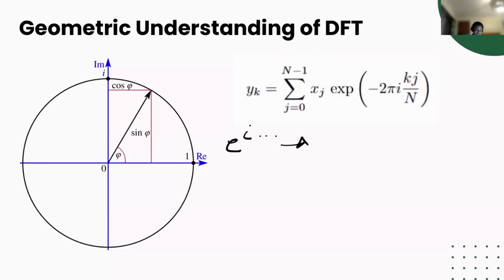Anytime you see e to the i times some number, you know that it's representing a point on this unit circle. So even without knowing what this value is, you know that it's representing some point on this unit circle.